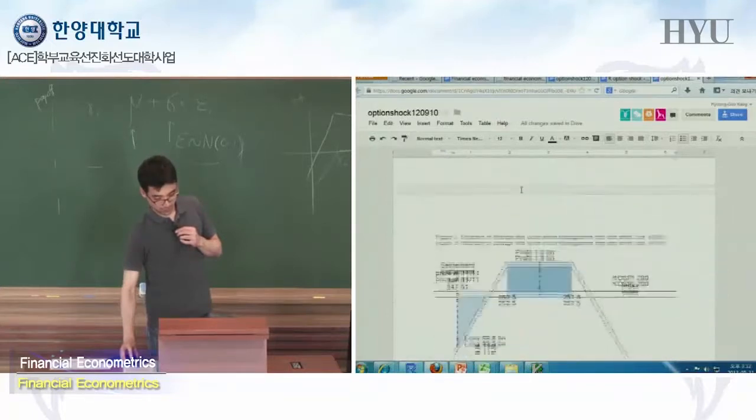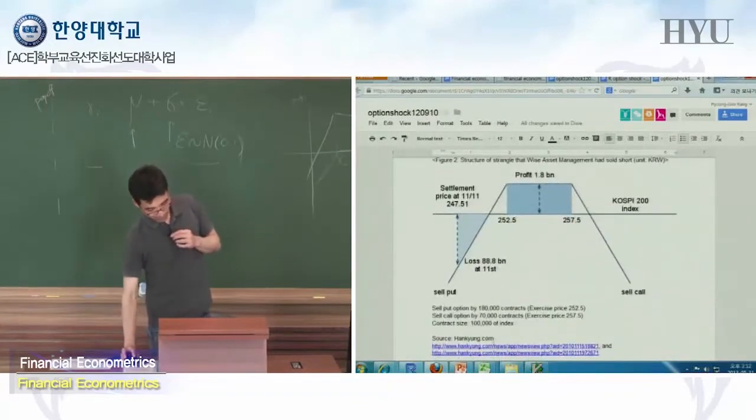Contract size is 1, 2, 3, 4, 5. So it is 100,000 and we have 1, 2, 3, 4, 5. So we have this number of units. If we use billion unit, it is much easier. It is 18 and 7, right? So that's why I use billion unit.